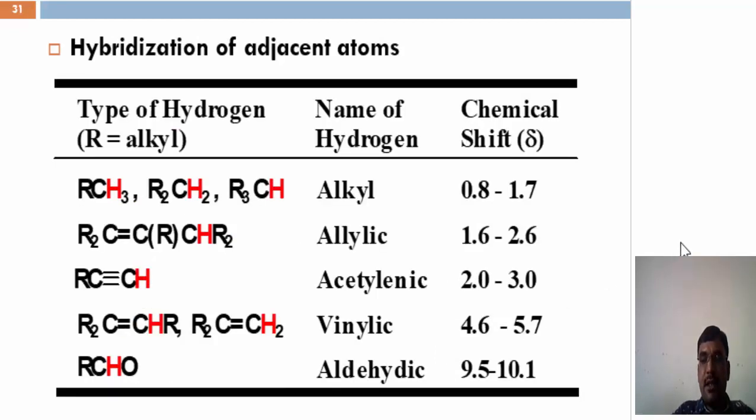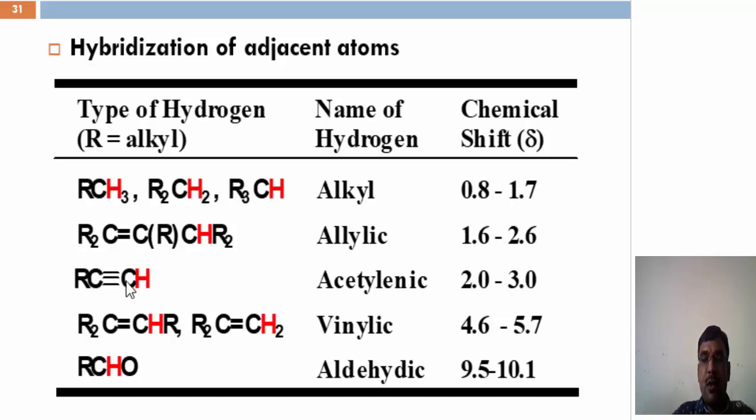Hybridization of the adjacent atom. Hybridization also affects the value of the chemical shift. When the bond is a single bond, that is in the alkyl group, its chemical shift is between 0.8 to 1.7. When it is sp2 hybridized, allylic protons show a value of 1.6 to 2.6.